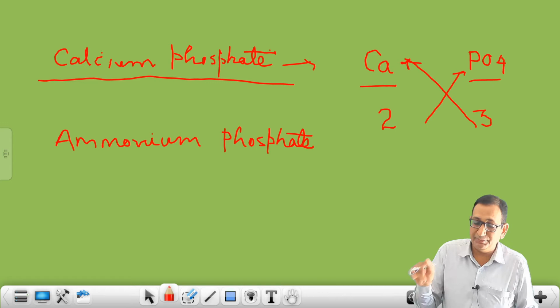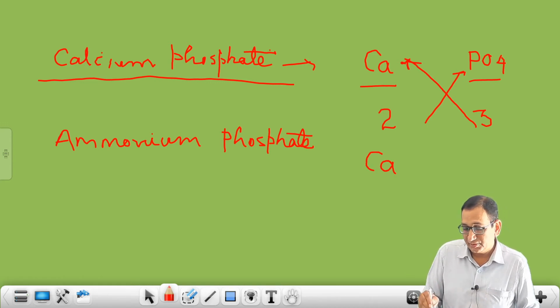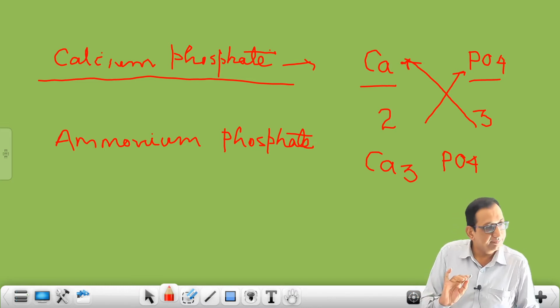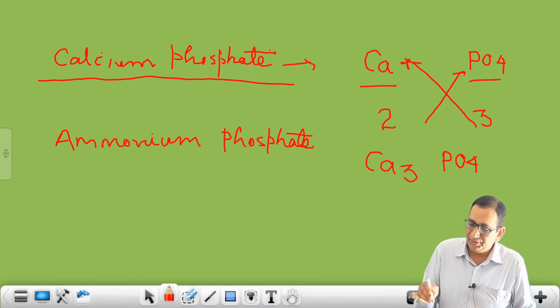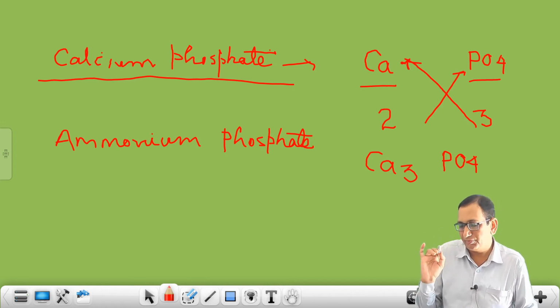So by the cross multiplication, we will have here Ca3, then PO4. Calcium is only a single atom, so we have written down 3, no problem.